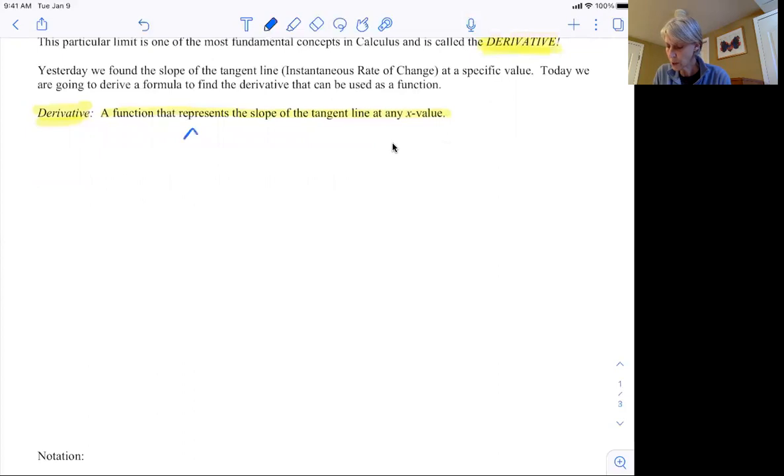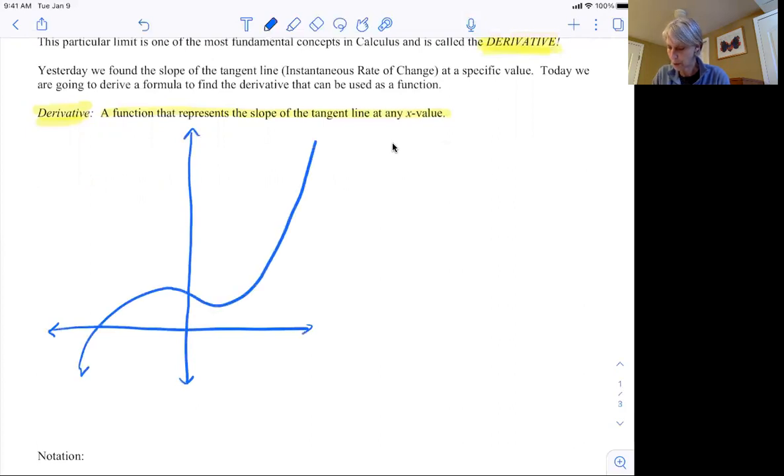So let's go back to yesterday for one moment. If we're dealing with some given function, and we want to find the slope of the tangent line at a specific value, remember, the answer we get is representing the slope of that line, the instantaneous rate of change at that value.